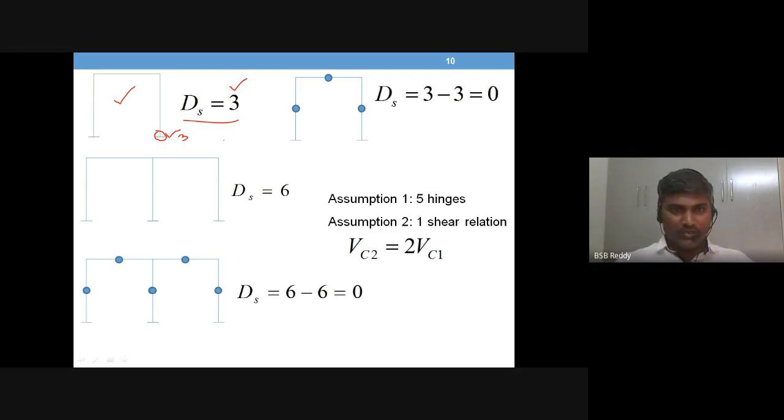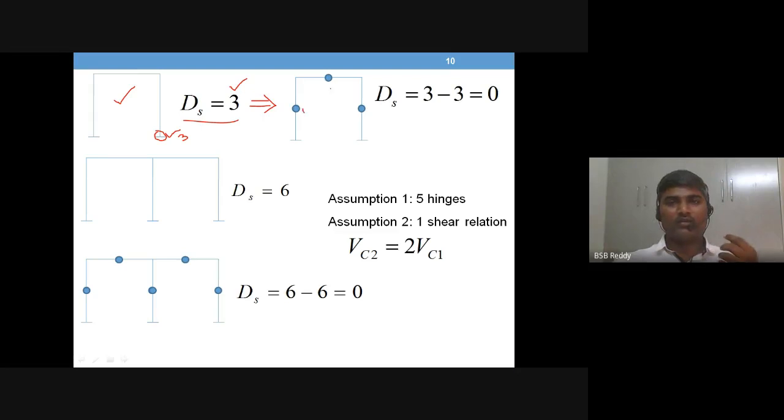Now you apply assumptions onto that. See how that is becoming determinate. So first assumption, each member has got the point of contraflexure at the middle of that member.